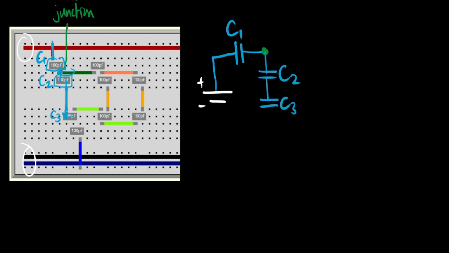Then this one is connected to this one, and let's say that this is C4. And notice that C4 is then connected to the negative terminal, so it all goes back to the dry cell.